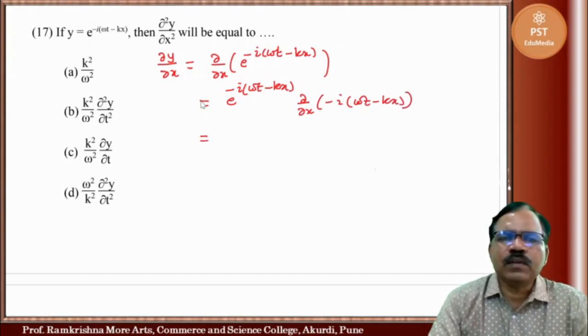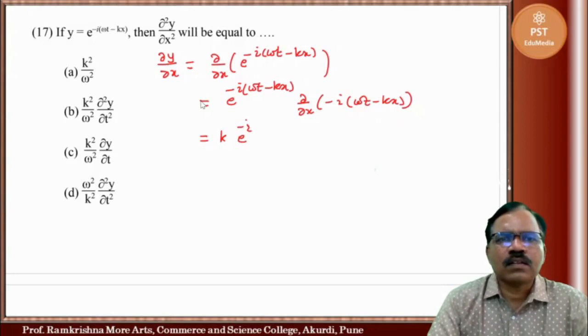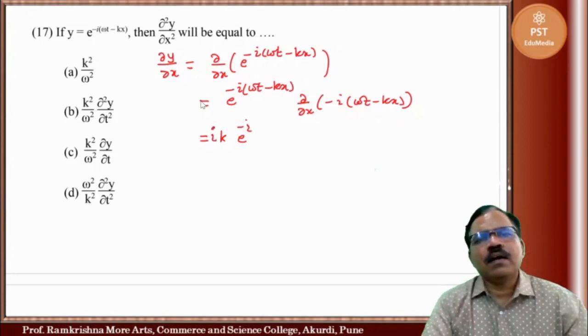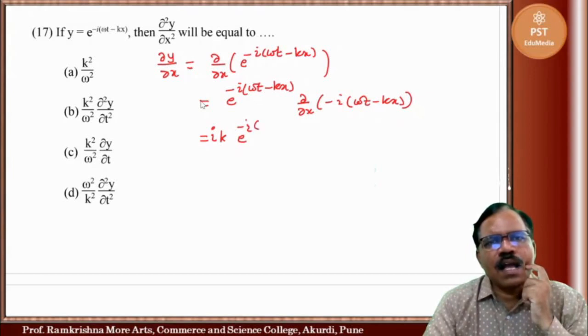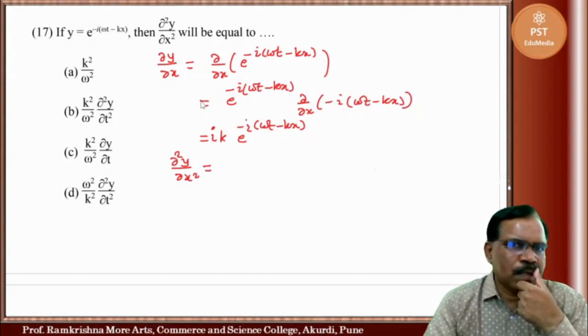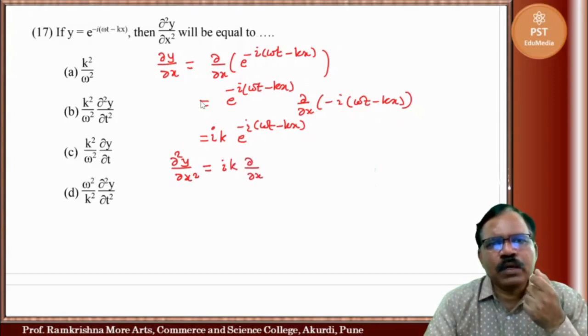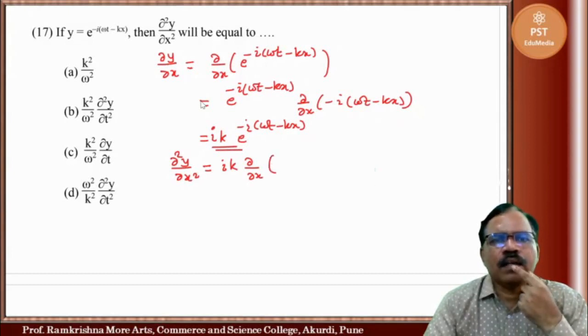So if we find this, you will get ik e raised to minus i omega t minus kx. Now if we find partial 2 y by partial x square, it is equal to ik, which is constant, and partial by partial x of, means we have to find the derivative of this, e raised to minus i omega t minus kx.